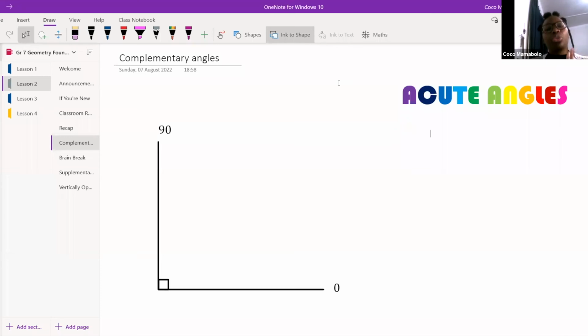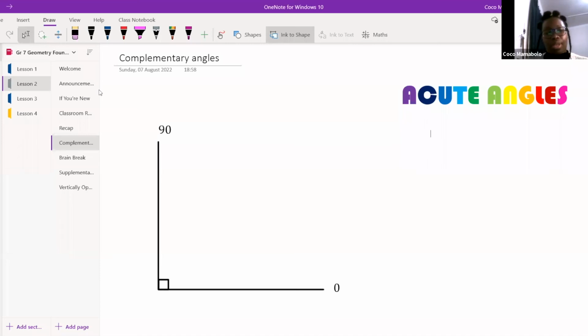I'm going to do two examples and show you how to do them. Then I want you to tell me with an emoji: if you understand, give me a happy face emoji, and if you don't understand, give me a sad face emoji. But only when I tell you to put the emoji in the chat. Not yet.